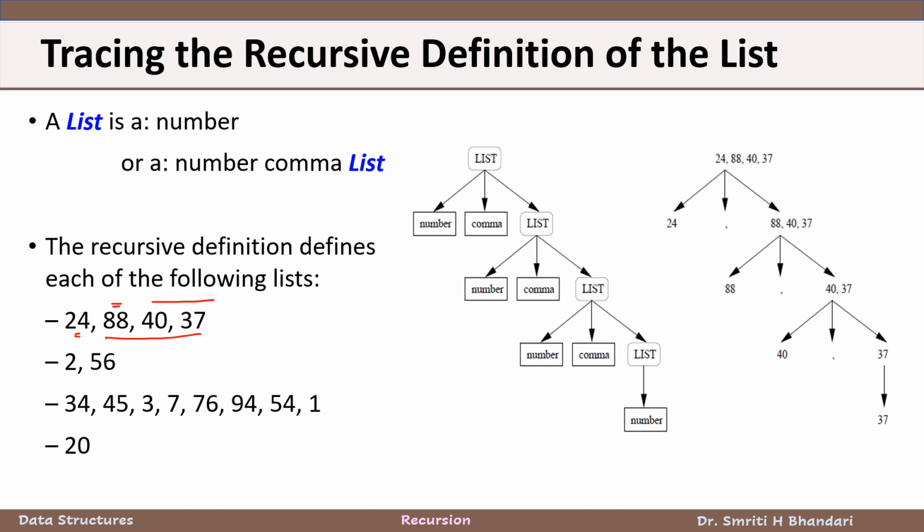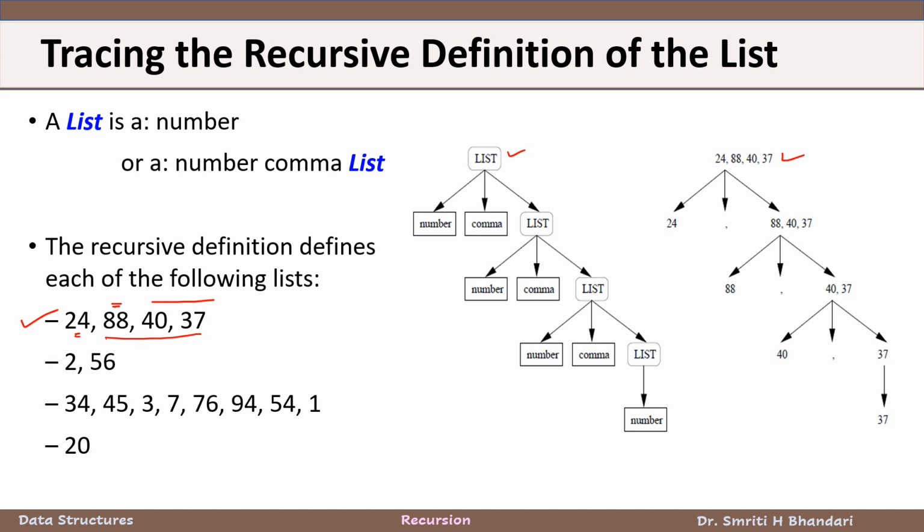Let's consider this very first example having four elements: 24, 88, 40 and 37. Initially this is a list, right? Now this list can be decomposed as a number comma list. Here the number is 24, comma, and the rest of the numbers will form another list.